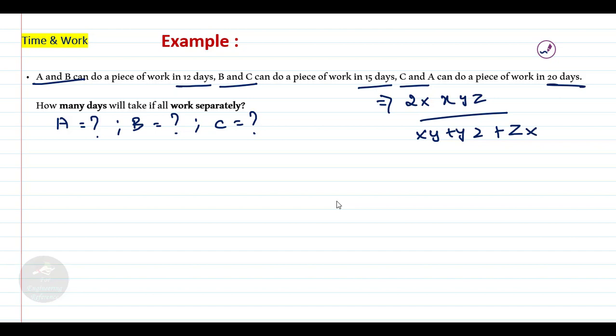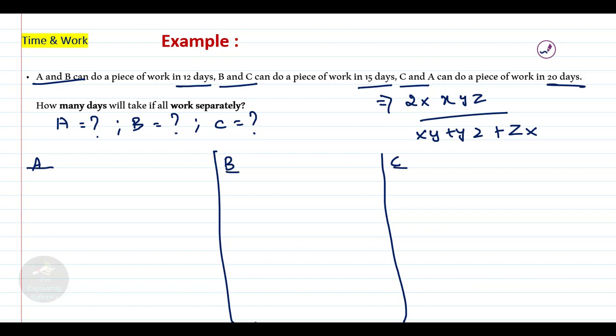Okay, to find the value of an individual person, in a similar way we just have to do minus in the denominator. How do we do it for 3 persons? Okay, let's see. This is the formula for all working together. We can recreate the formula for A, B and C. Our numerator will remain the same, just in the denominator we are going to change the sign.